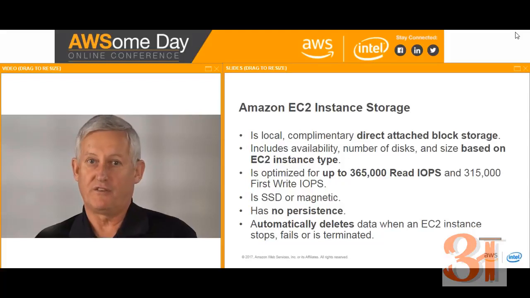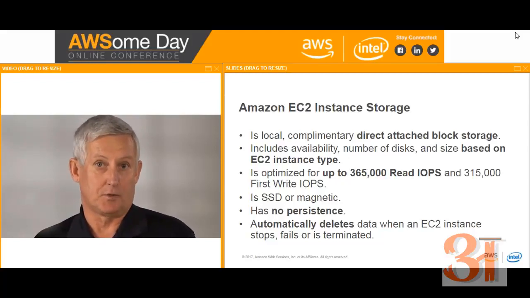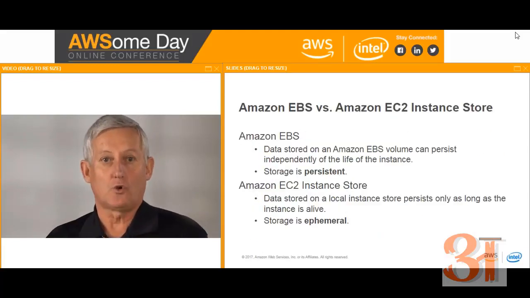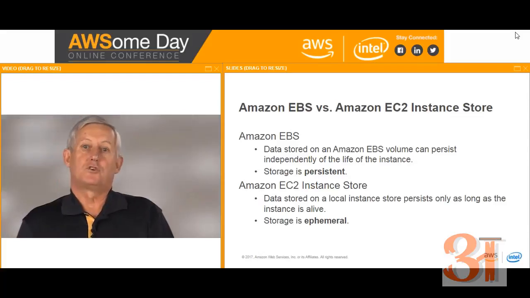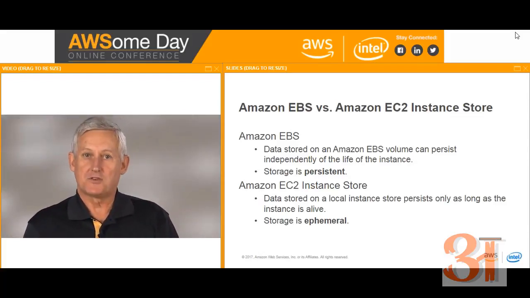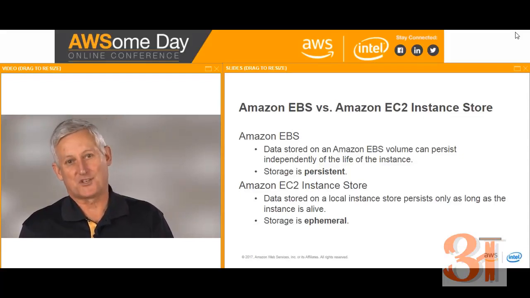Instance storage is very fast, it is free, but its contents do not persist if you stop and then later start an EC2 instance. The use case for local instance store is for temporary data only. For data that requires a higher level of durability, use Amazon EBS volumes or back up the data to Amazon S3.